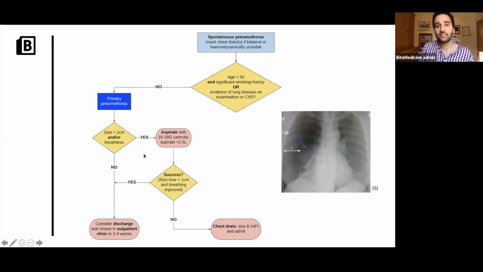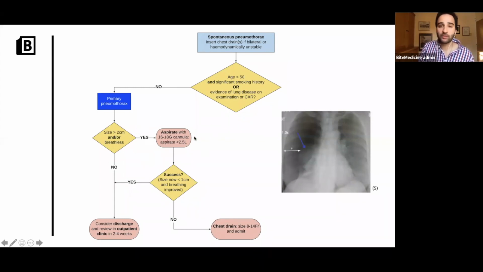The only time you're not going to aspirate is if it's less than 2 centimeters and they're not breathless. Then, like the 60-odd% of you said, you could discharge this patient. But that is the only circumstance in a primary spontaneous pneumothorax. Otherwise, we're going to aspirate.